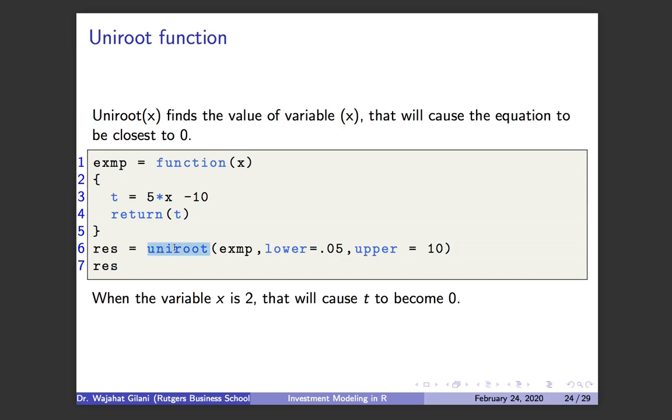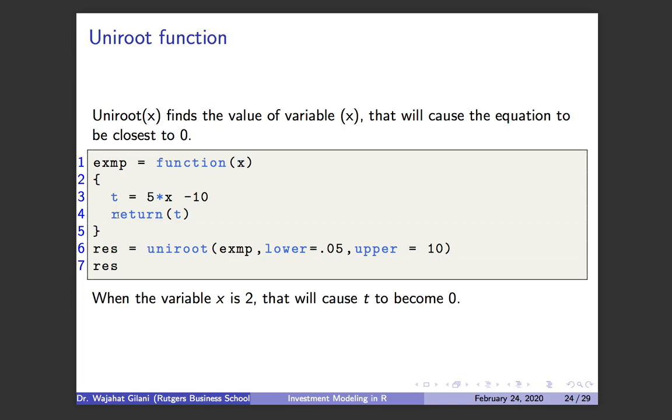Uniroot is a built-in function in R that optimizes any function you give it to be 0. Notice uniroot takes 3 parameters: your user-defined function, a lower bound, and an upper bound. Uniroot will attempt to solve this for 0, meaning it's going to keep throwing parameters into this function such that the output will become 0.